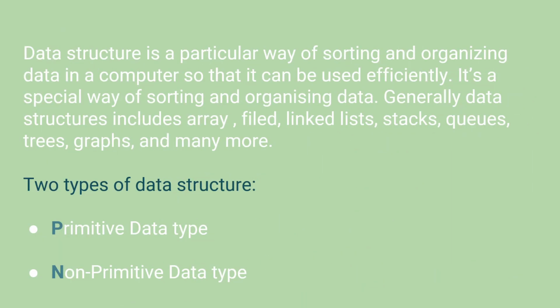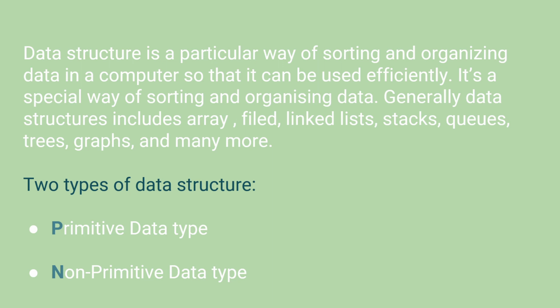So what actually is a data structure? A data structure is a particular way of storing and organizing data in a computer so that it can be used efficiently. The ability to formulate an efficient algorithm depends on the ability to organize data in an appropriate manner.